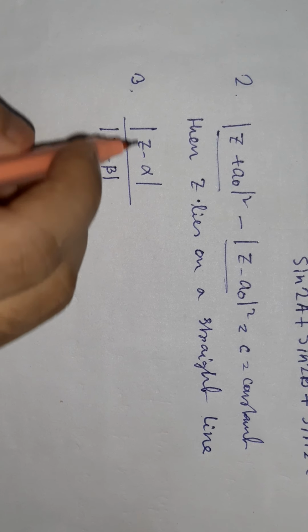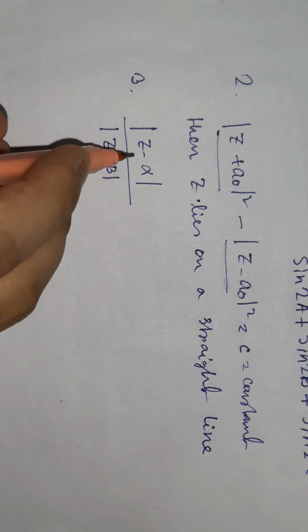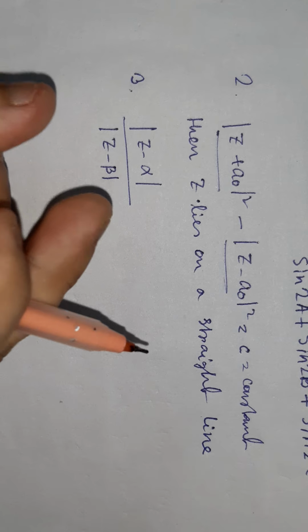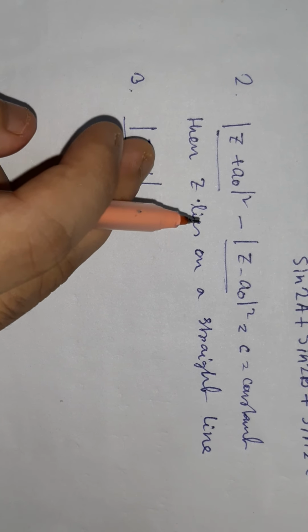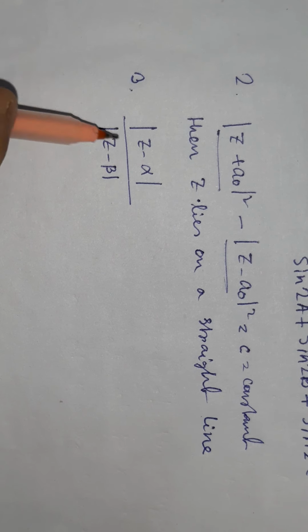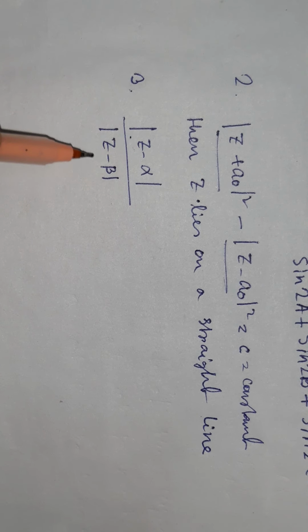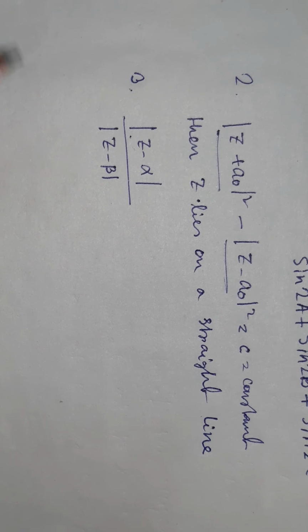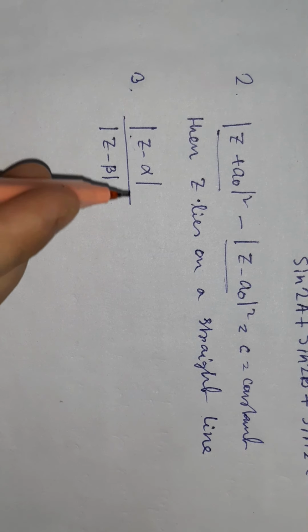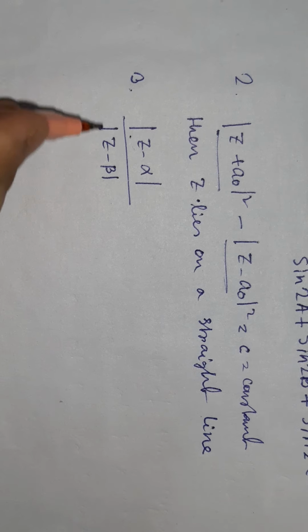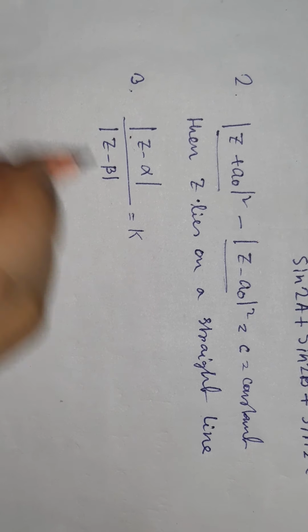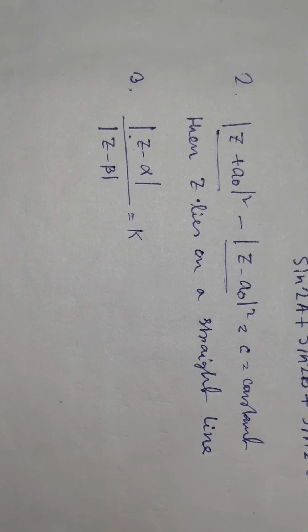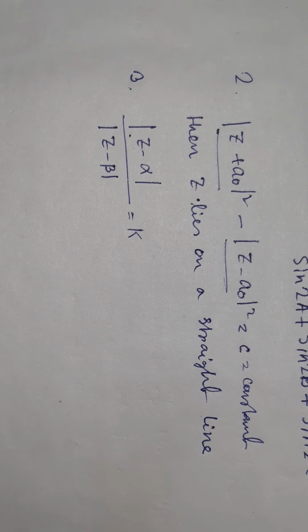Here z is variable, alpha and beta are fixed, and we take the locus of the curve. If the ratio modulus of z minus alpha divided by modulus of z minus beta is equal to some constant k, then z is definitely a circle.